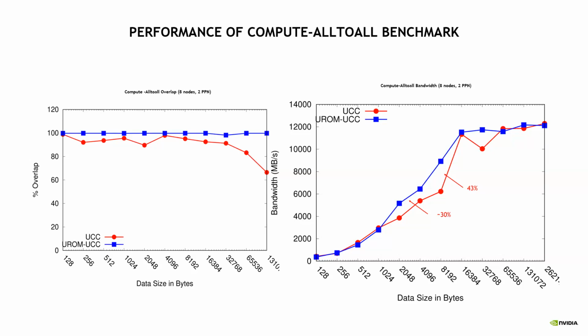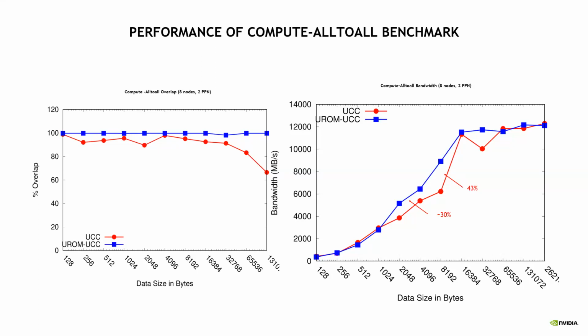The red line is anything that runs on the host, without offloading to the DPU, using the NIC as just a regular NIC without offload of the collective. And the other one is when you deploy the all-to-all collective to a DPU.